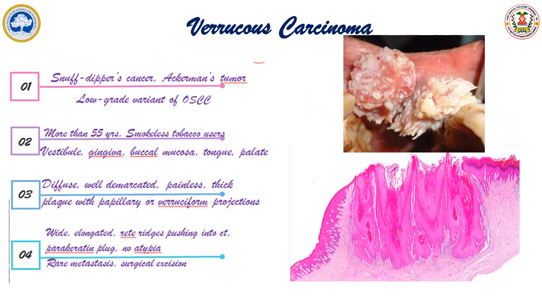As I said, verruciform carcinoma. See, this is your normal mucosa. In verrucous hyperplasia you see exophytic growth, exophytic in the sense of outward growth. No endophytic growth is seen in verrucous hyperplasia. Whereas in verruciform carcinoma, you see endophytic growth, but those rete ridges showing endophytic growth are in line with the rete ridges of the normal mucosa.